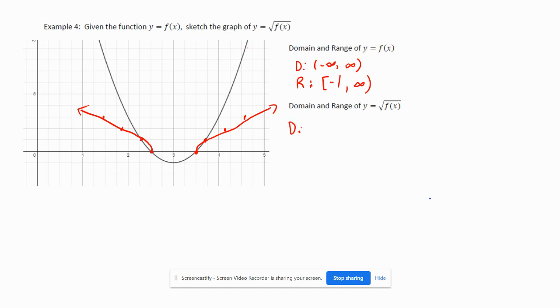My domain is going to be from negative infinity to 2.5. So this point here, combined with 3.5 to positive infinity. Okay. Range is going to be from 0 to infinity, like that.